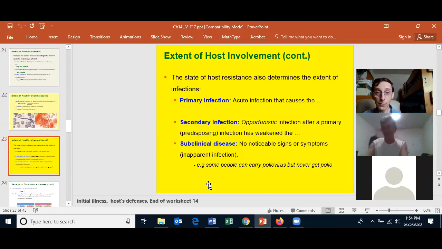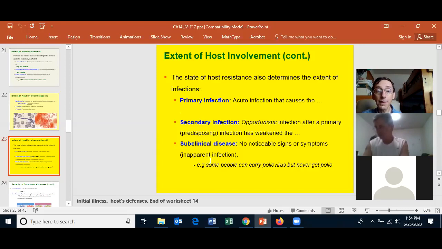Someone whose health isn't real well and they get an infection, they're more likely to get a severe infection as opposed to someone who's healthy and they get the same infection. They're much less likely to have a severe infection.